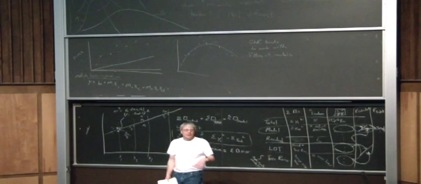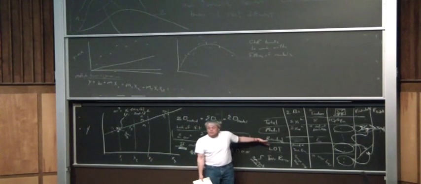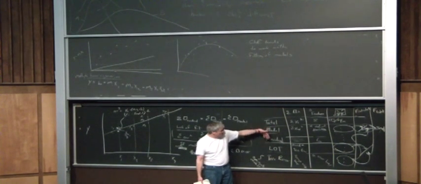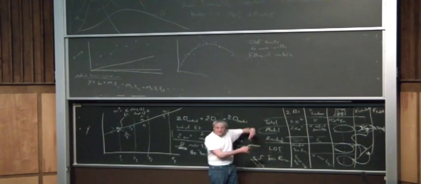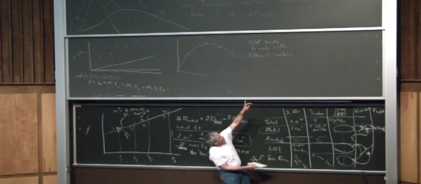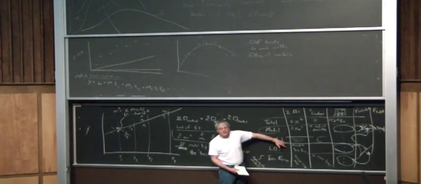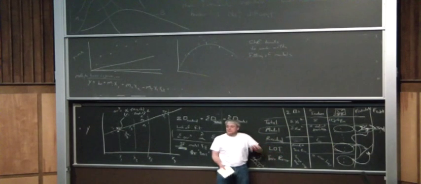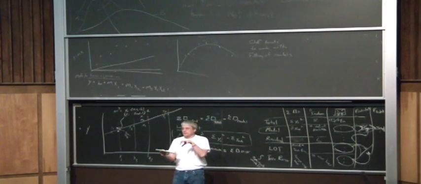Is the stuff that I was not able to fit significant relative to how much I didn't fit? This is kind of like the variance associated with what I didn't fit, and I'm going to compare that to the true experimental error of the system.